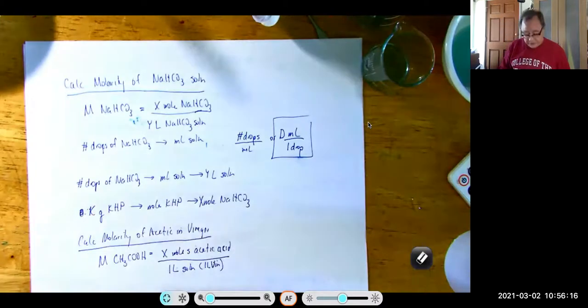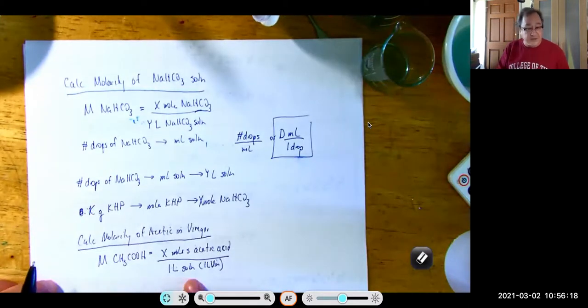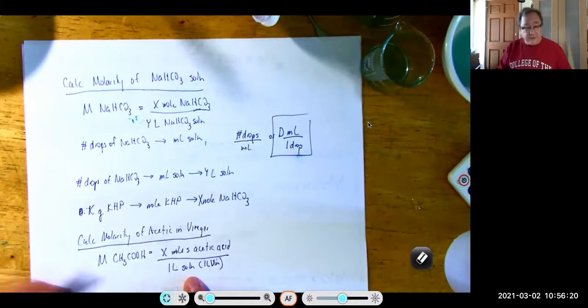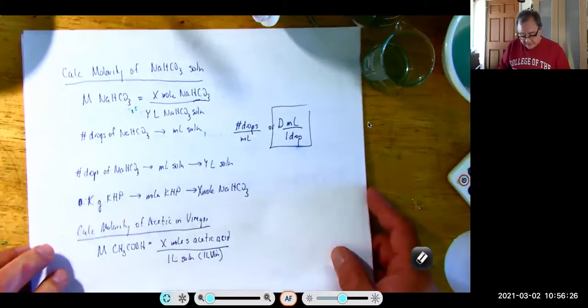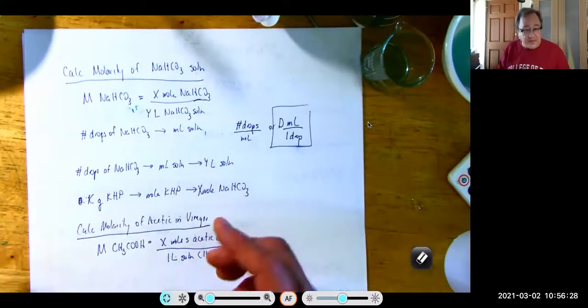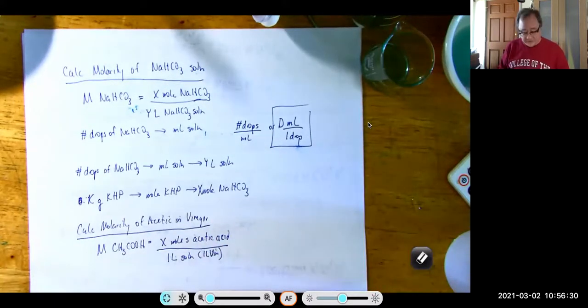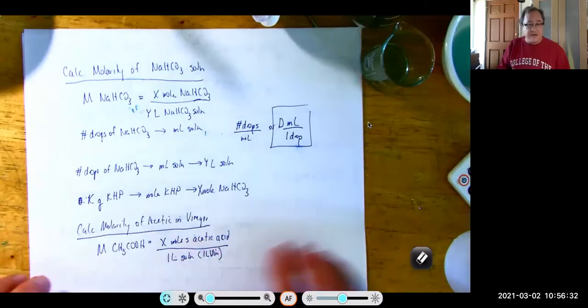Now, you know you're using precisely 1 milliliter of vinegar. Convert that into liters of vinegar. How do you get your moles of acetic acid? Well, you used your balanced reaction between acetic acid and sodium bicarbonate to work that one out. So I'm going to leave that part for you to figure out.